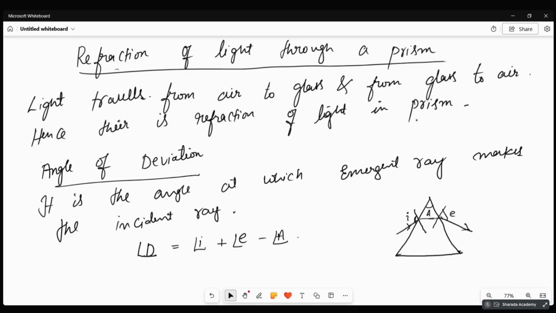Angle of prism, I'll explain. Inside. Write down this.